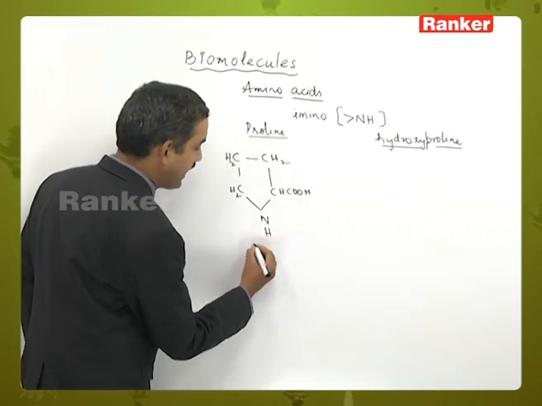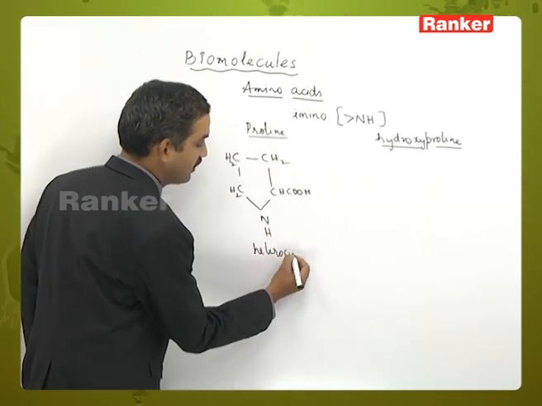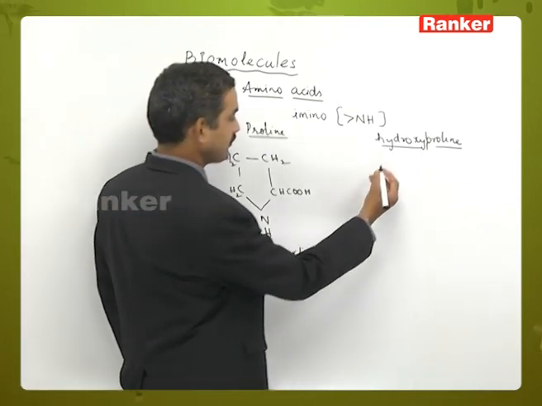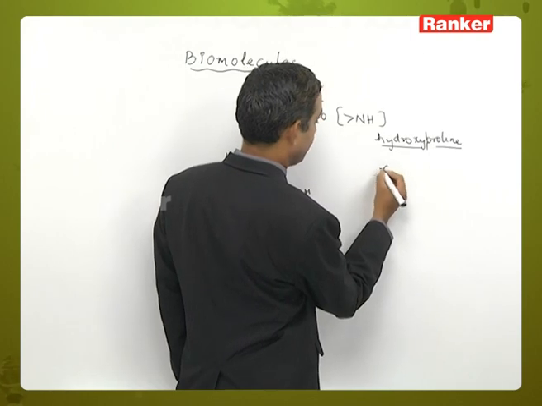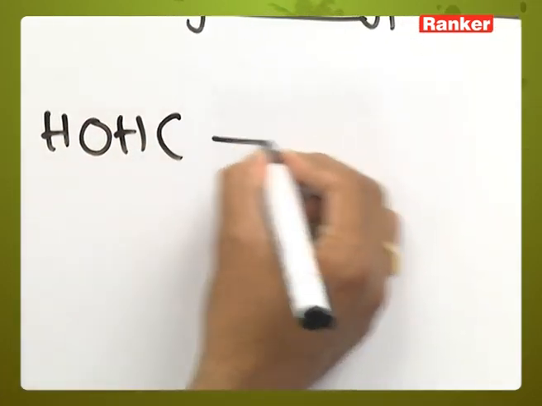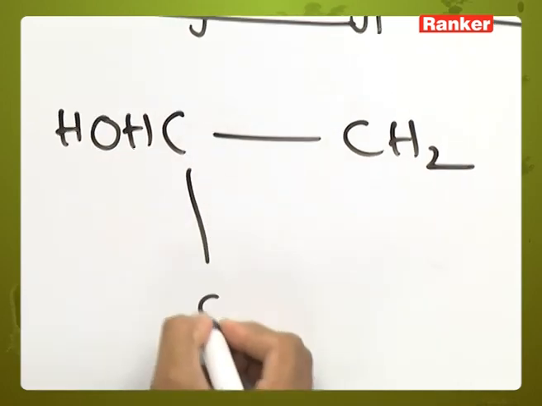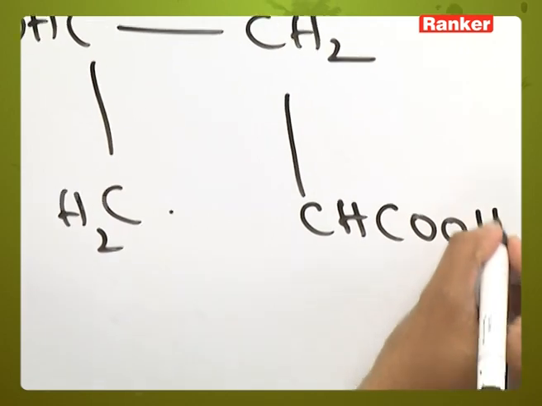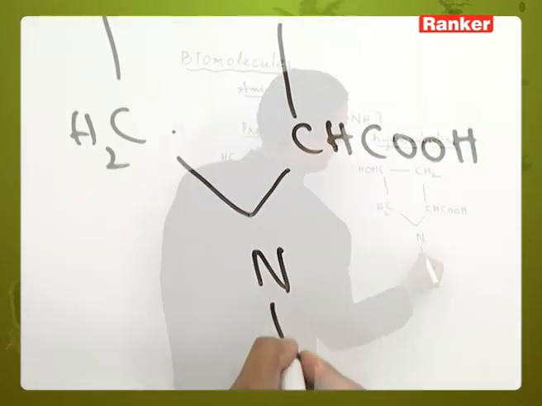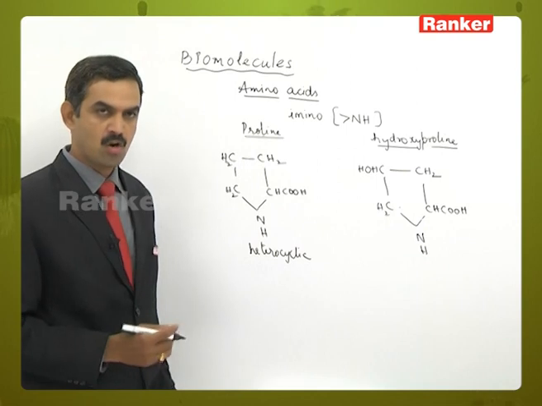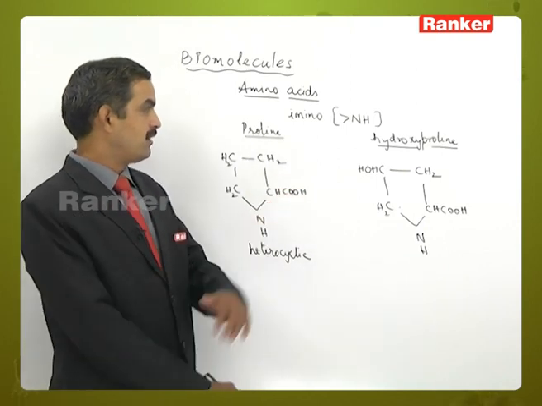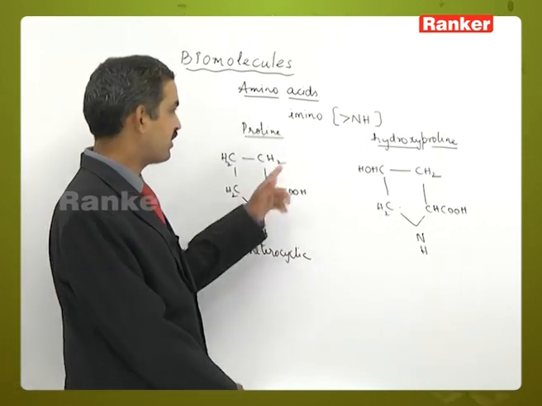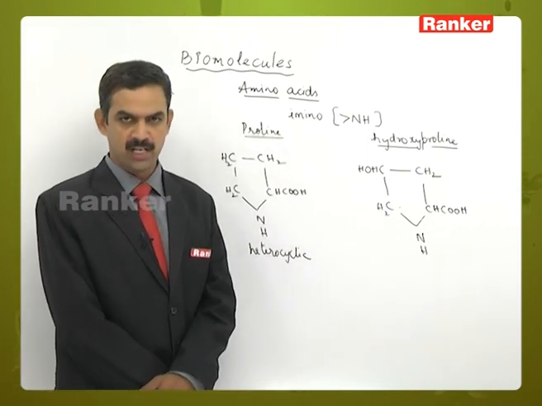So it is a heterocyclic compound. Then hydroxyproline, CHOH with CH2, CH2, CHCOOH with NH. So this is also a heterocyclic compound. Likewise, when the imino group is present, they show a heterocyclic nature like proline and hydroxyproline.